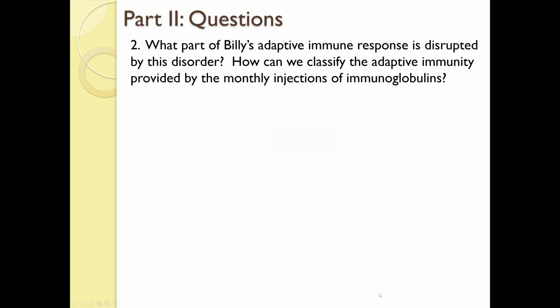Number 2. What part of Billy's adaptive immune response is disrupted by this disorder? How can we classify the adaptive immunity provided by the monthly injection of immunoglobulins? So since Billy's body cannot make B-cell lymphocytes, he will also not be able to make antibodies.